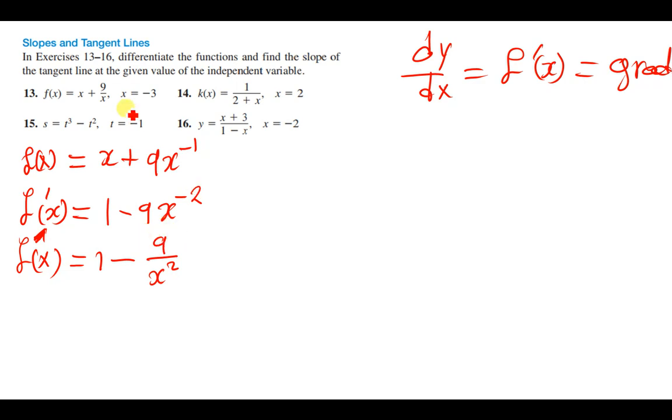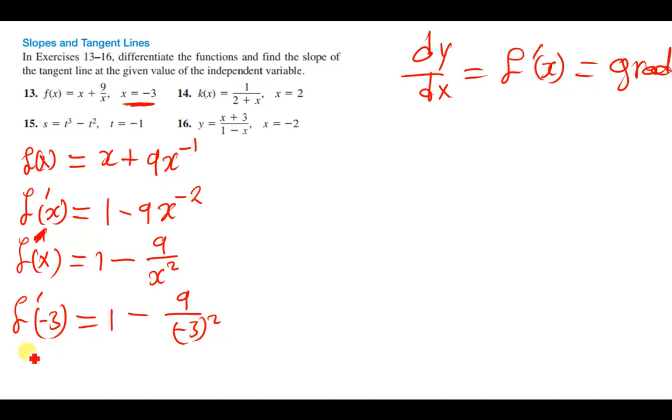They're asking us to find the slope at this given value of the independent variable. We can find the slope by replacing the value of x wherever there's x. So f prime of negative 3 is equal to 1 minus 9 over negative 3 squared.